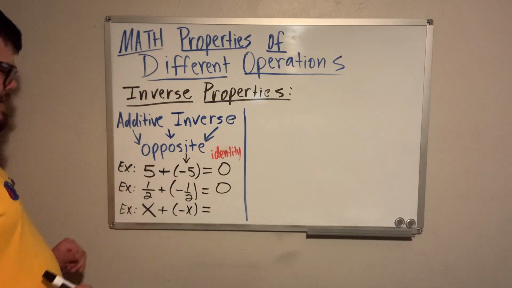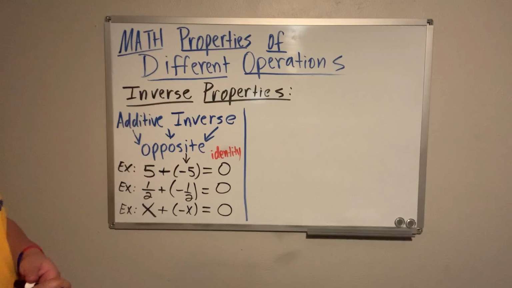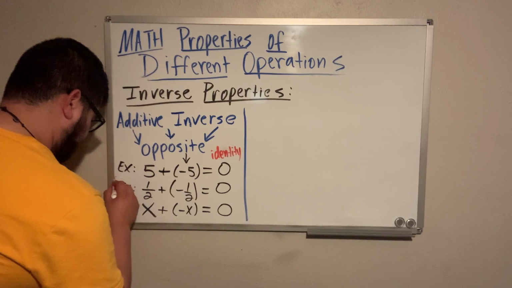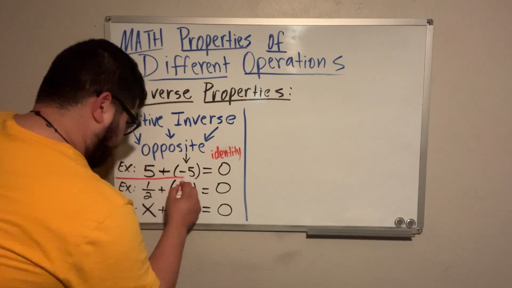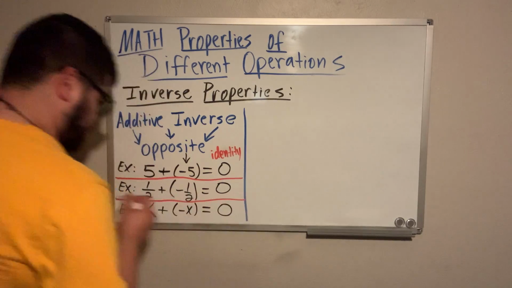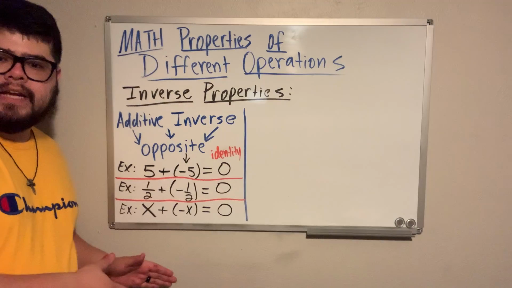Negative whatever that number is, and we should get the identity again. So make sure you have that written down, the 3 examples that we had. All right, so again, that's additive inverse.